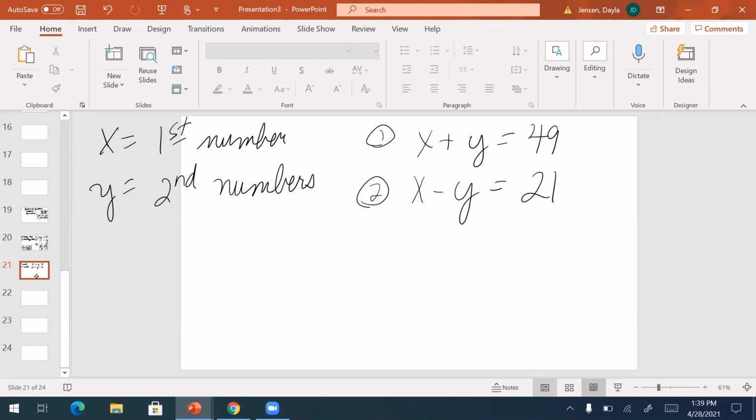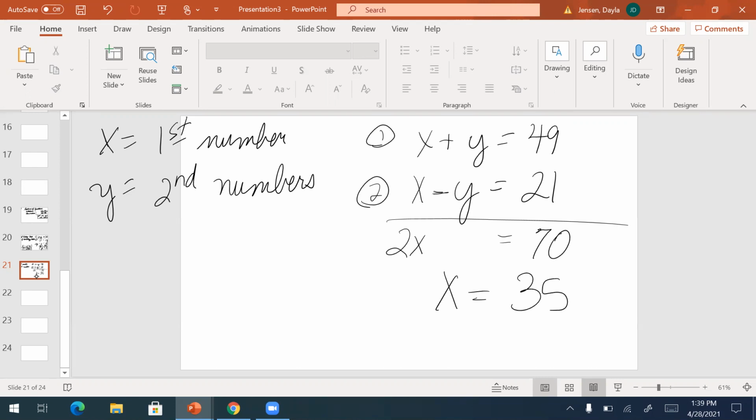If we look at that, we can use elimination and add those two together, because that's going to eliminate the y variable. And it's going to give me 2x equals 70. So x must be 35.